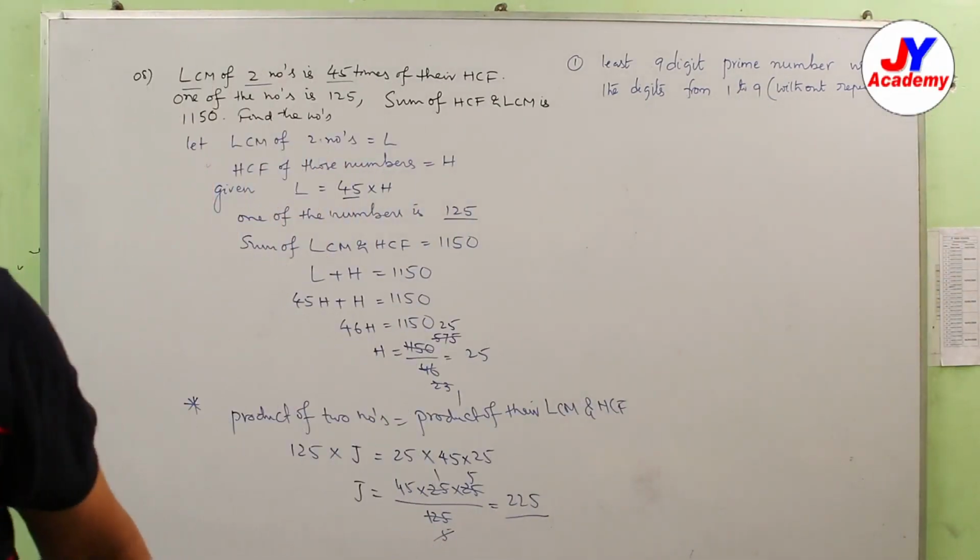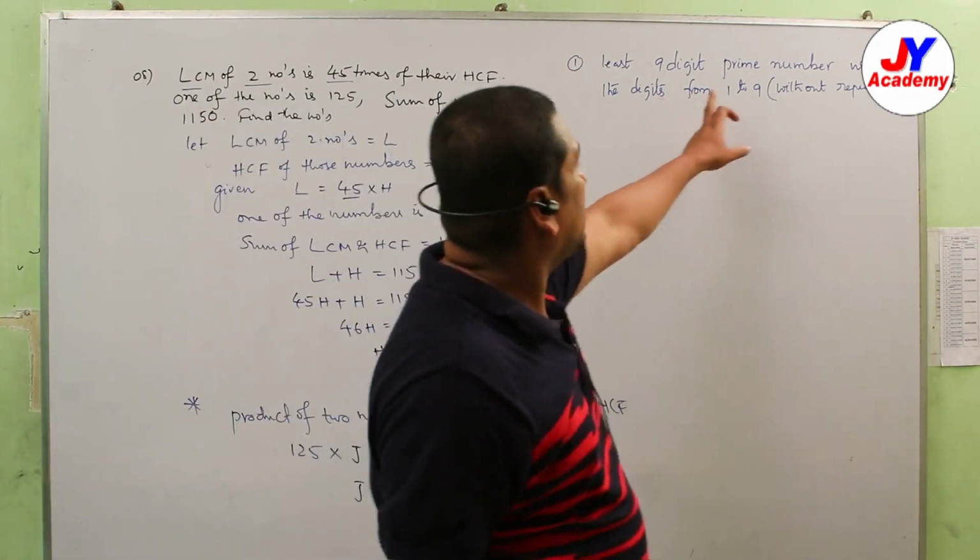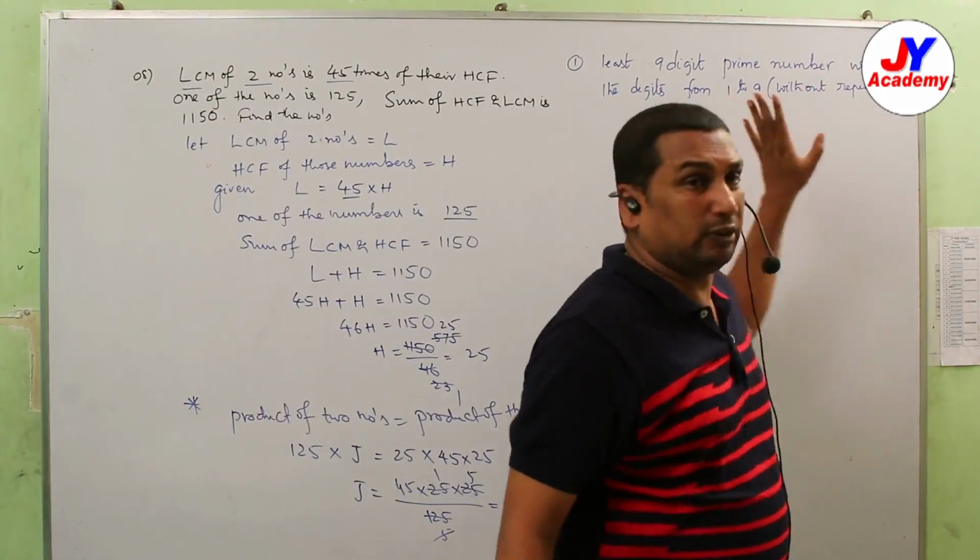Did you understand my question? Least 9-digit prime number using the digits from 1 to 9.